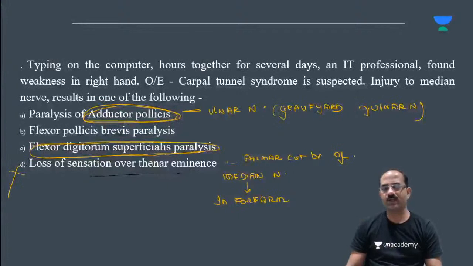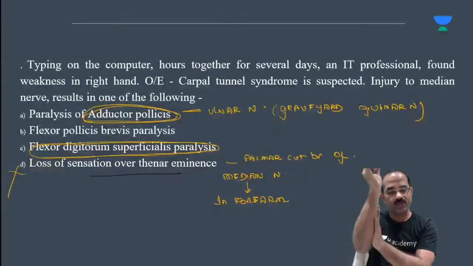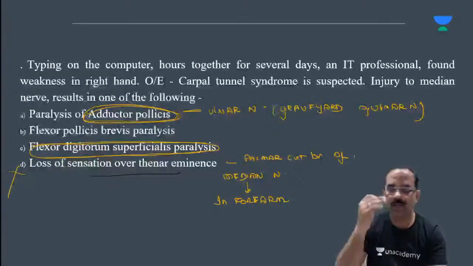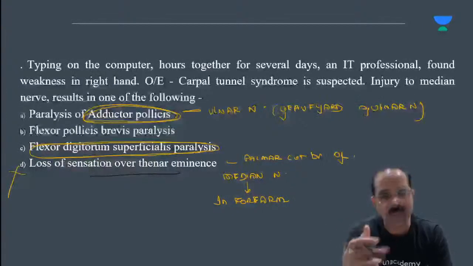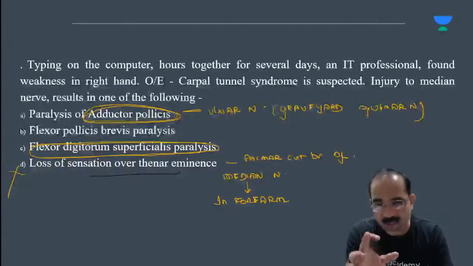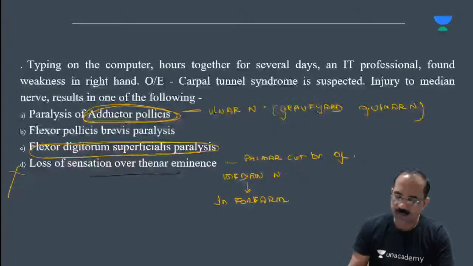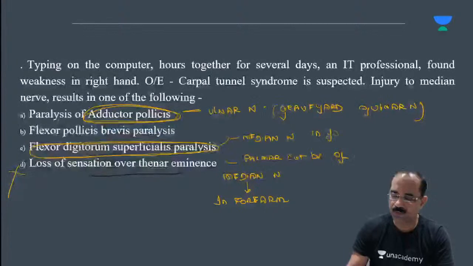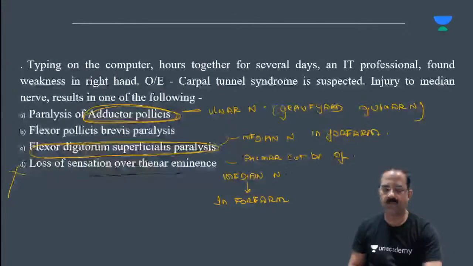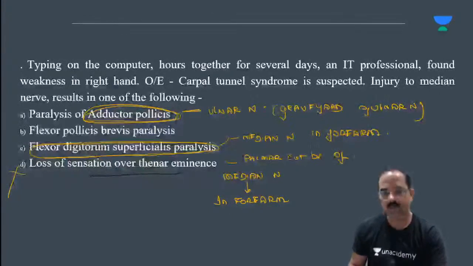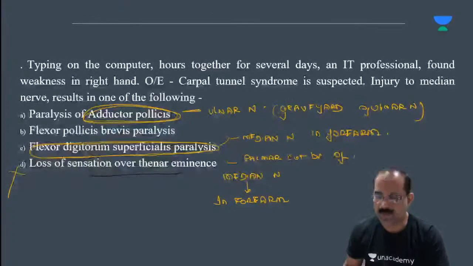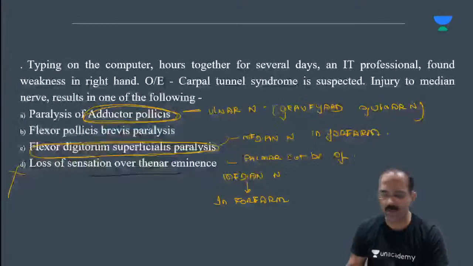Forearm, right? It is supplied by the median nerve, but in the forearm. So flexor digitorum superficialis is supplied by median nerve in the forearm.